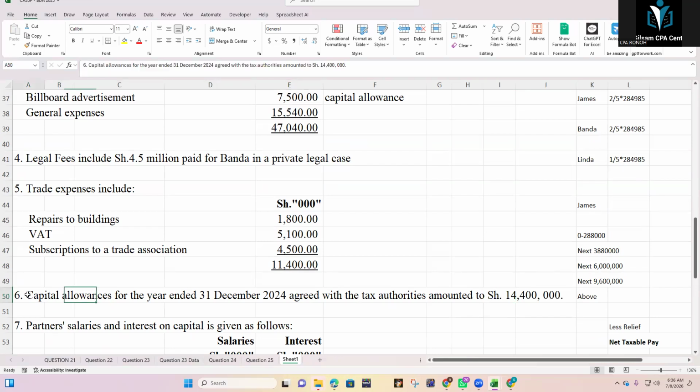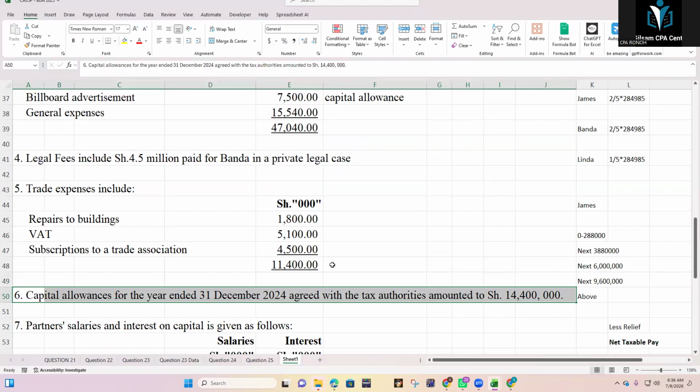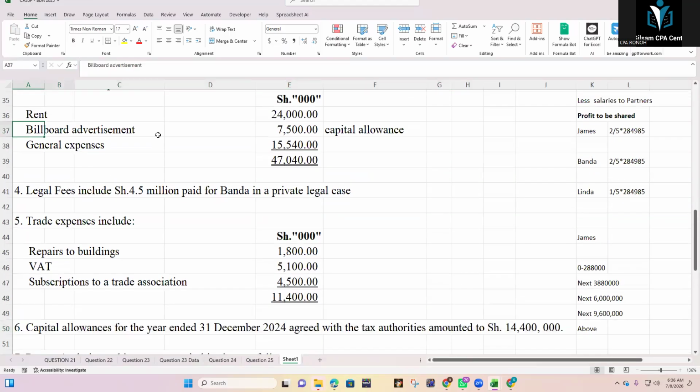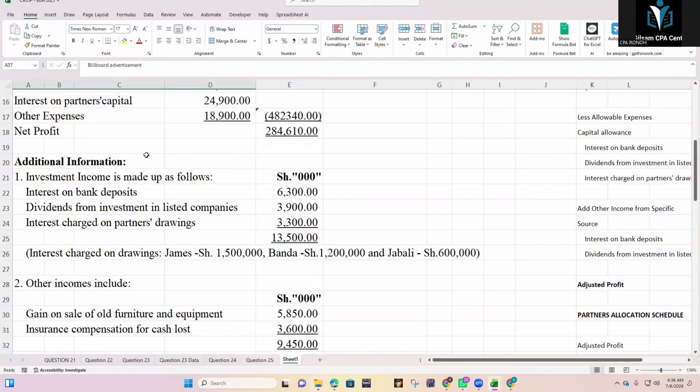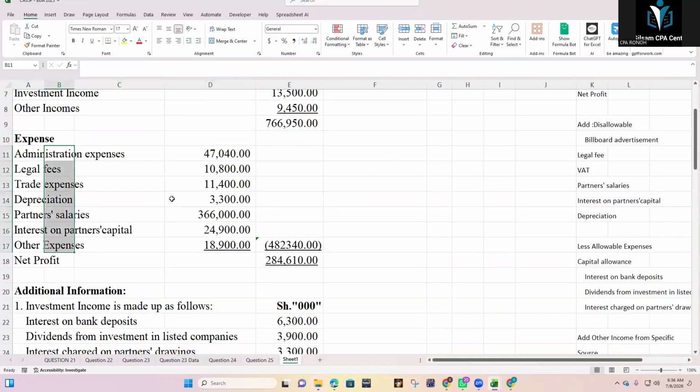14,400. So if you have not been given this note, we could have calculated the capital allowance on the billboard, and if there is any other assets here, we calculate also the capital allowance. But in most cases they will tell you that they have agreed with the commissioner.